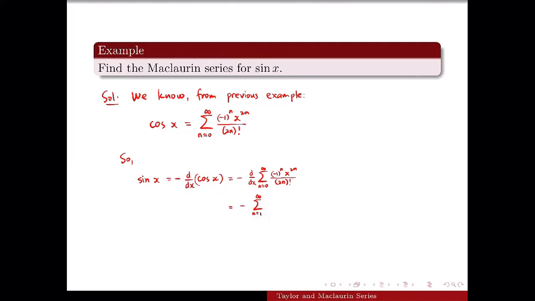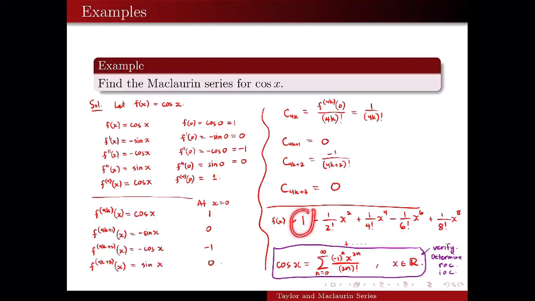And this n equals 1 will be justified. Well, if we look at this guy here, we have the constant part here. So when we get the derivative, that constant will disappear. So you will be starting with the next number. Okay?